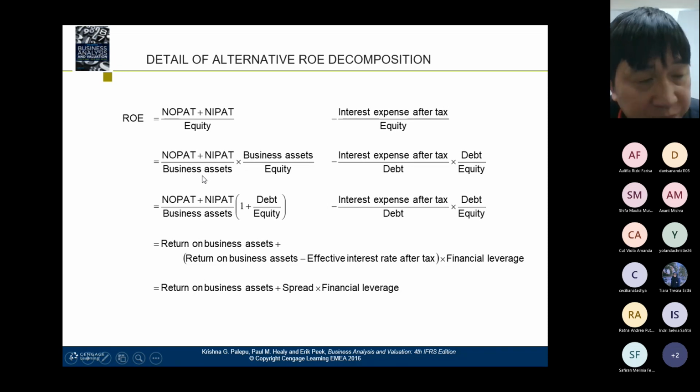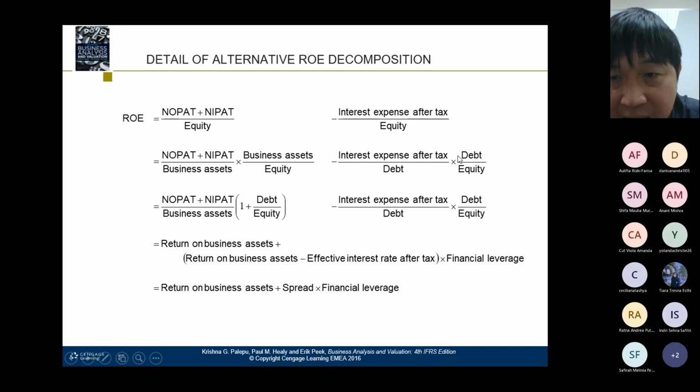We plug in the business assets in the denominator, and also in the numerator, and we decompose it into items. The first item is NOPAT plus NIPAT over the business assets, and the second item is the business assets over equity, which we know is the equity multiplier. Then we plug in the debt in the denominator additionally and separate it into two items.